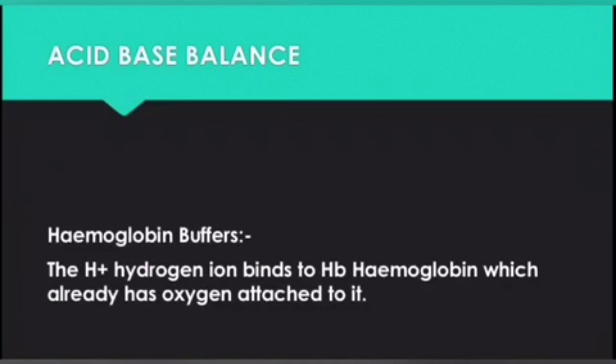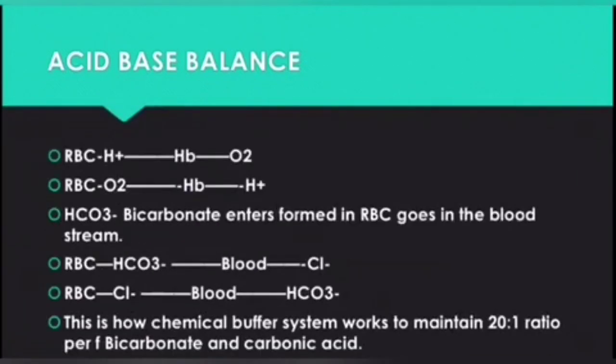In this slide, you see how oxygen attached to hemoglobin enters the RBCs and hydrogen ion in the RBCs bind to hemoglobin. Similarly, bicarbonate ions in the RBCs diffuse in the blood and chloride ions in the blood enter the RBCs. In this way, chemical buffer system works to maintain ratio of bicarbonate ions to hydrogen ions 20:1 for the buffer system to function effectively.